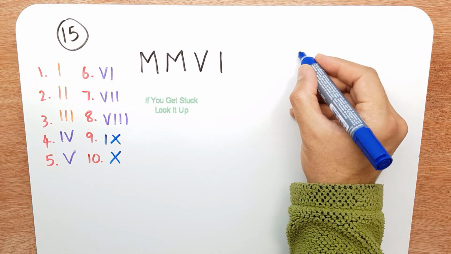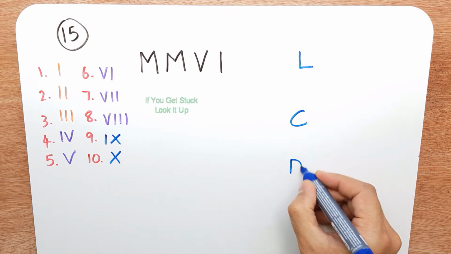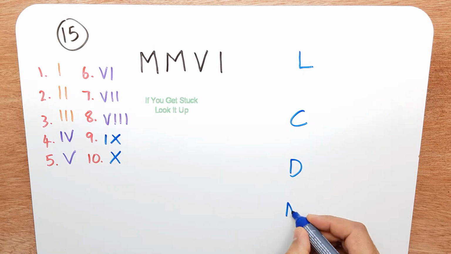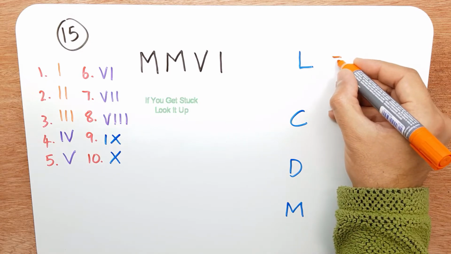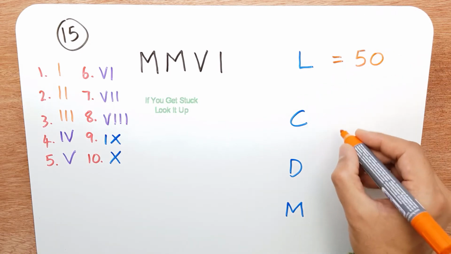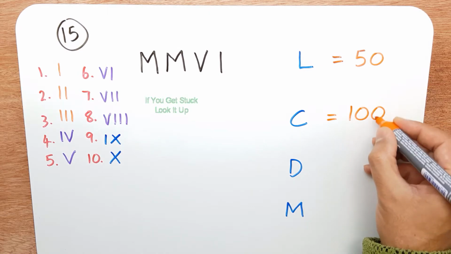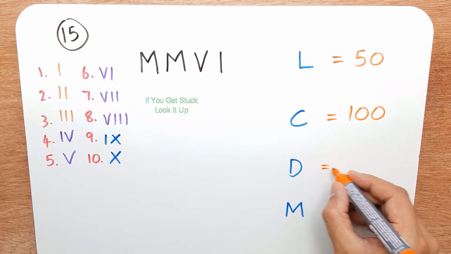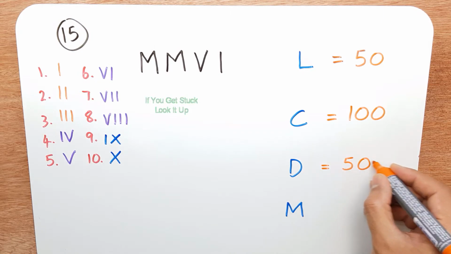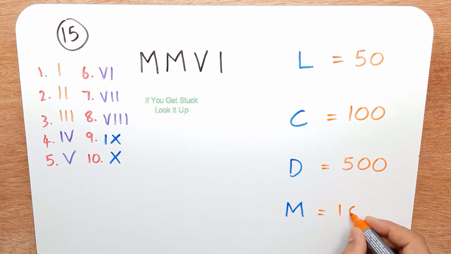Now one thing you want to remember is L, C, D, and M. L is 50. C is 100, D is 500, and M is 1000.